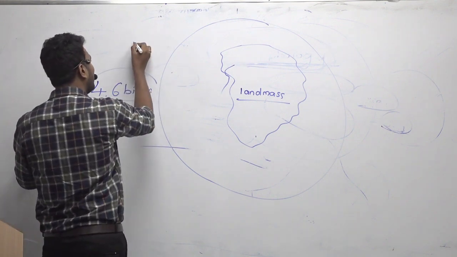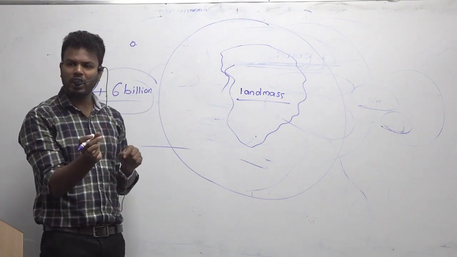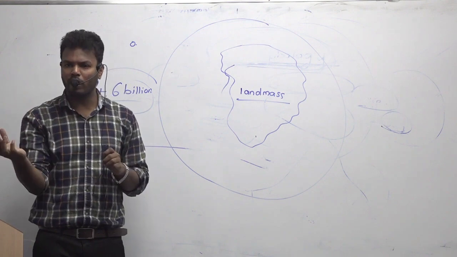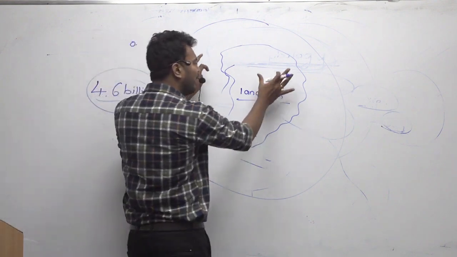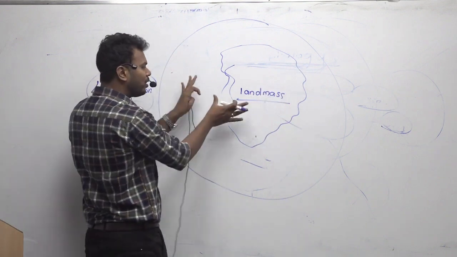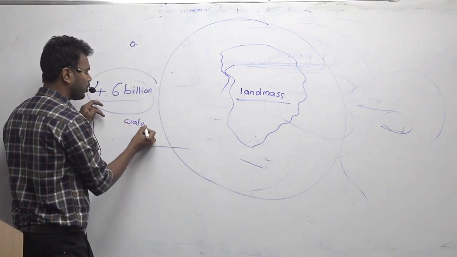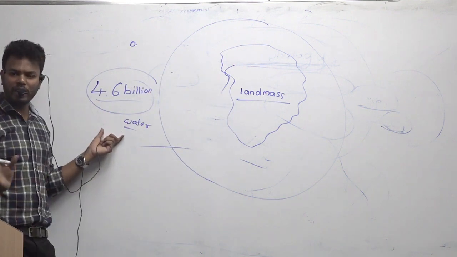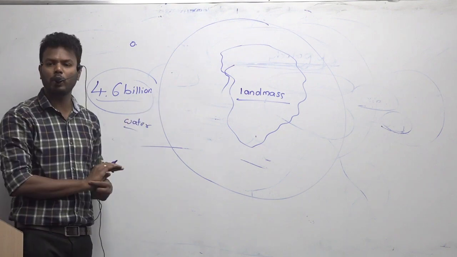Previously, the entire world was in the form of a tiny ball. In the Big Bang theory we discussed, this tiny ball broke up because of internal factors. Similarly, Earth formed. When the Earth formed, first of all, there was no water at all. Yes or no? But as I told you, there was continuous rainfall, and water came into existence.